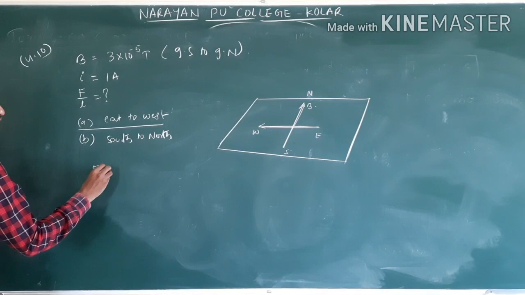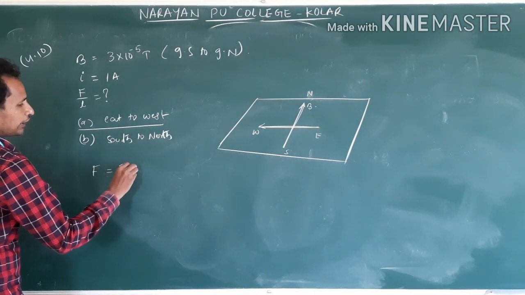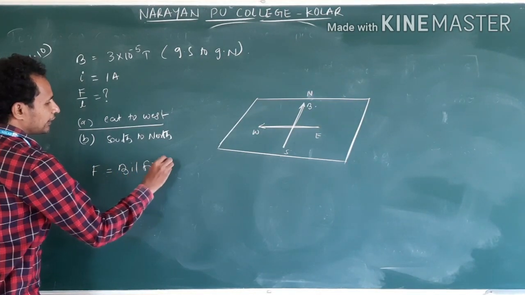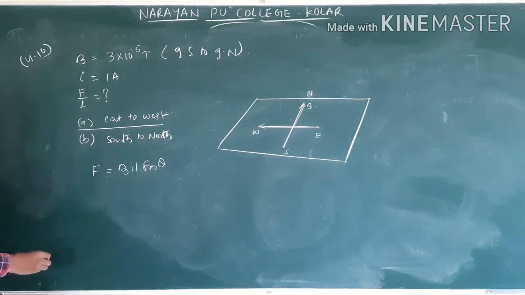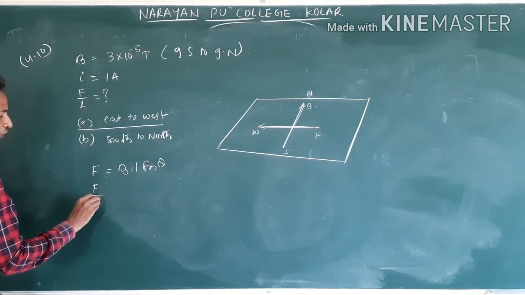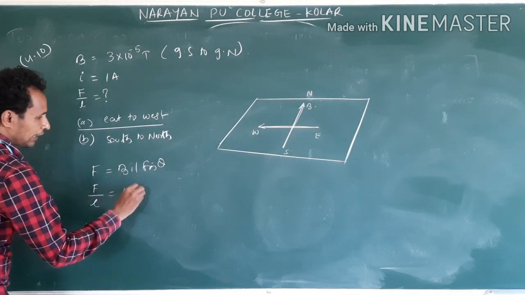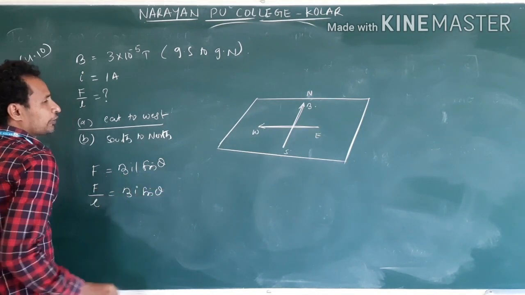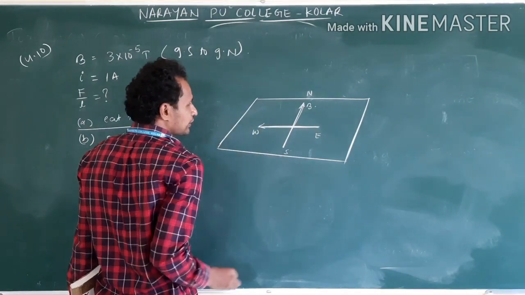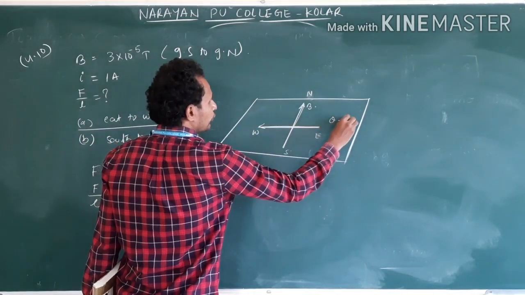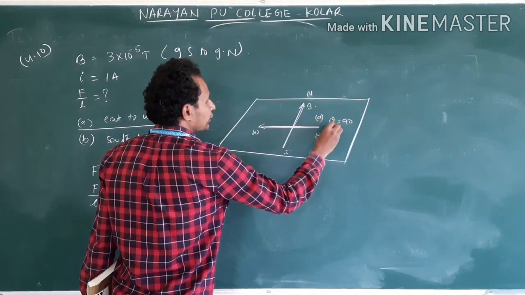What is the force? The force formula is F equals BIL sin theta. But what are they asking? Force per unit length. So F by L is equal to BI sin theta. When the wire is placed east to west, what is the angle here? Theta is equal to 90 for the first situation.